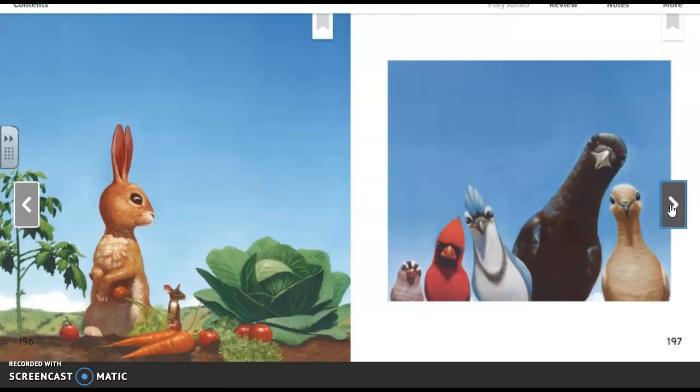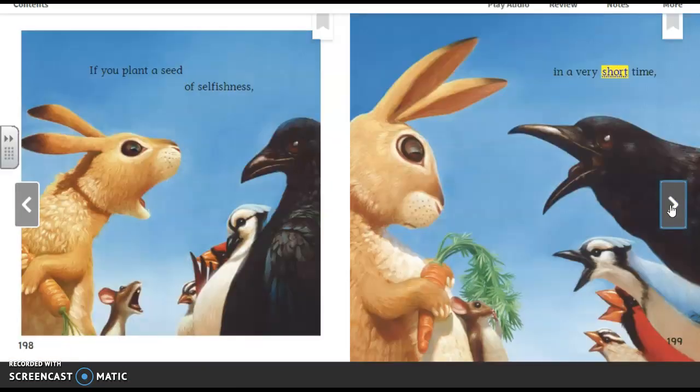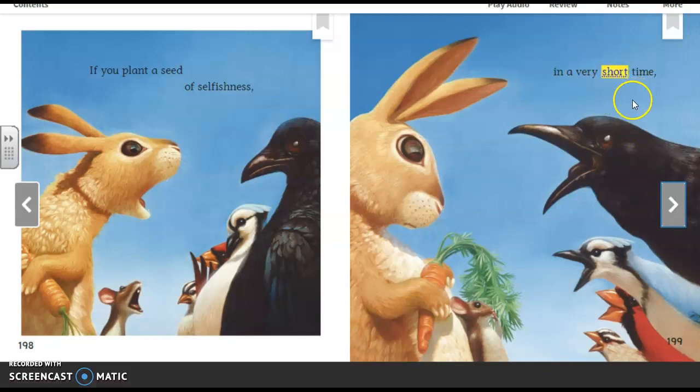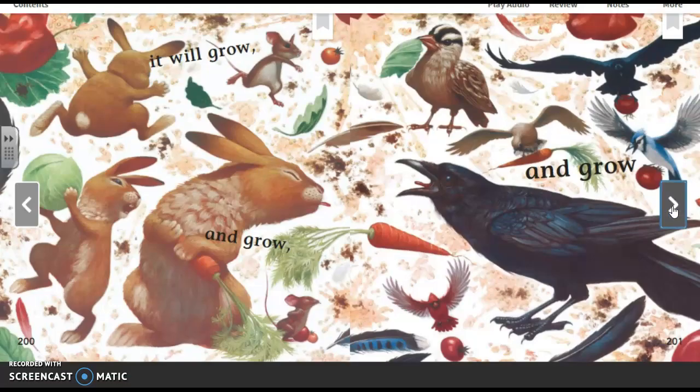If you plant a seed of selfishness, in a very short time, that was one of our vocabulary words, short, it's going to happen quickly. In a very short time, it will grow and grow and grow.